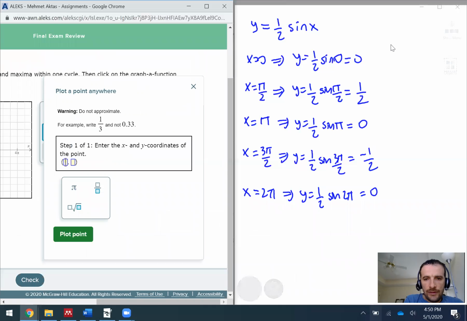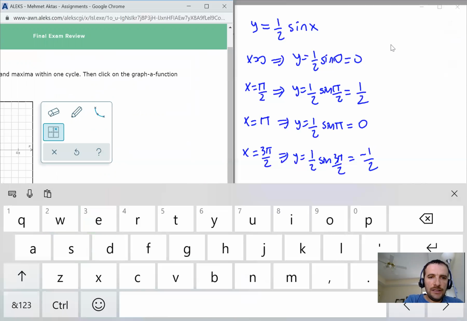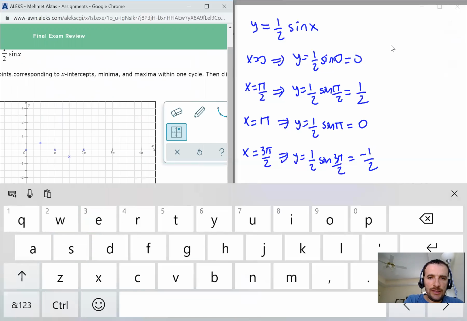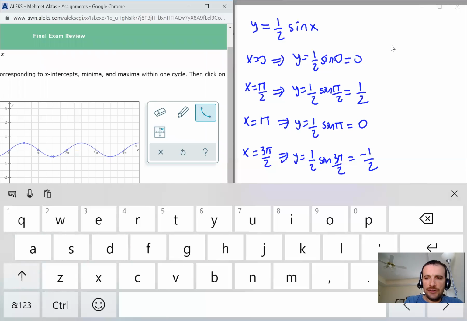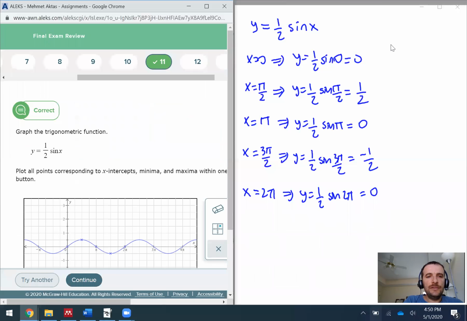And the last point is 2 pi and 0. Plot that point. As you see here, we plotted all the points. After plotting that, just click on graphing function. This is the graphing button actually. And let's check our answers. Correct. This is how you do it here.